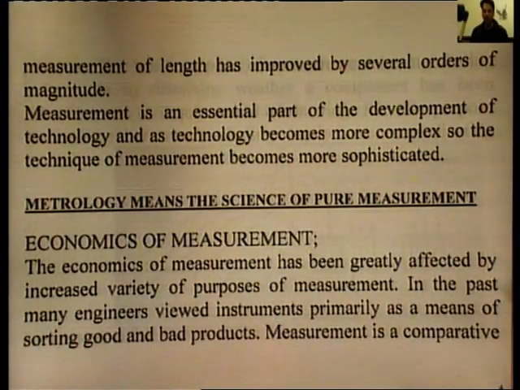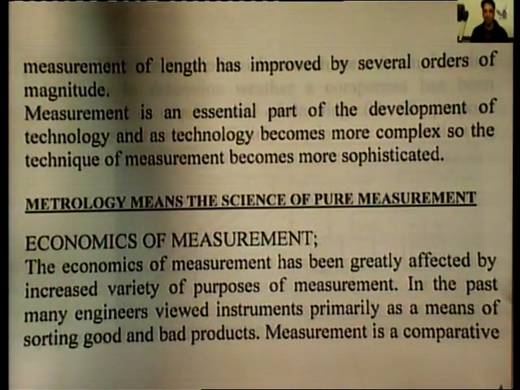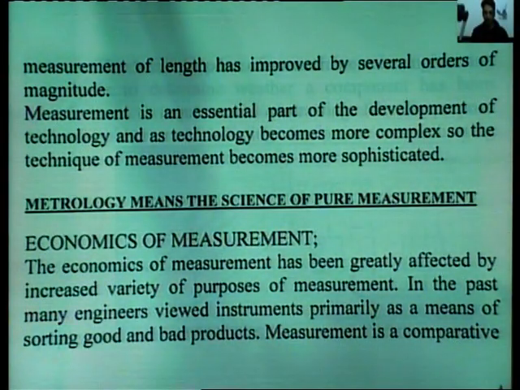Since the first practical micrometer was produced in 1867, measurement of length has improved by several orders of magnitude. So nowadays we are measuring length to a very detailed aspect, and we are measuring things in microns in general production houses.